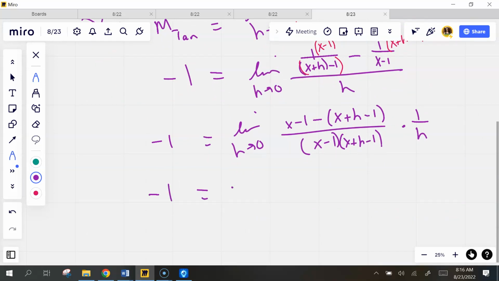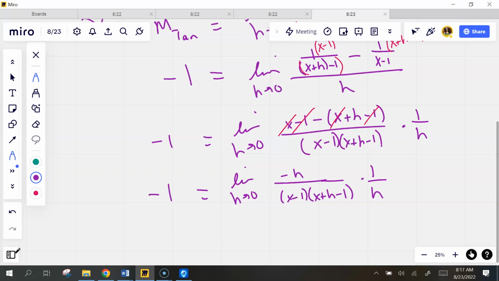So -1 equals the limit as h goes to 0. Let's see what happens here. The x's cancel. This negative is going to distribute through, so the 1's are going to cancel. So I end up with -h over x minus 1, x plus h minus 1 times 1 over h.